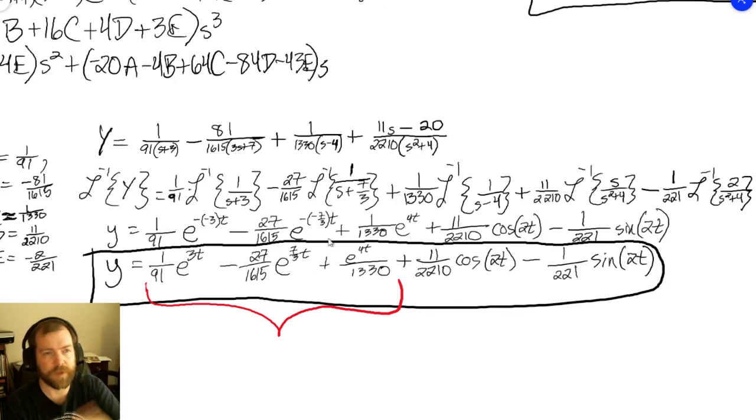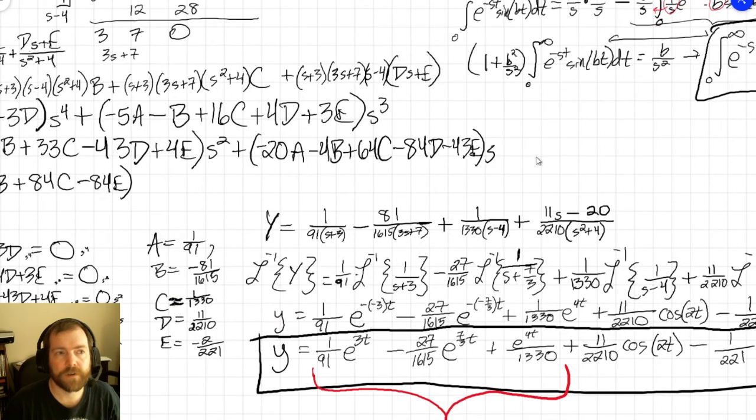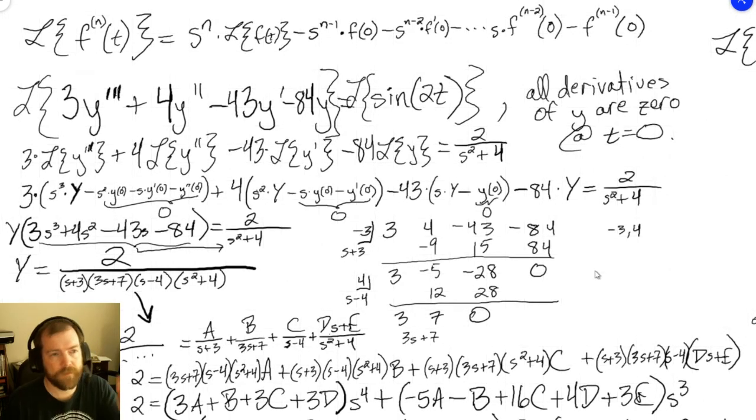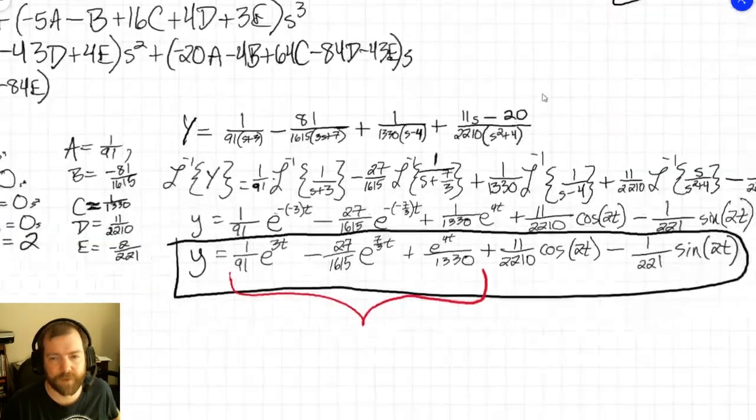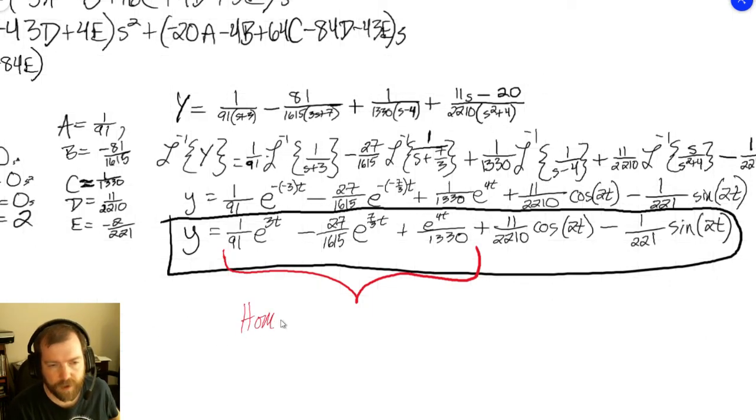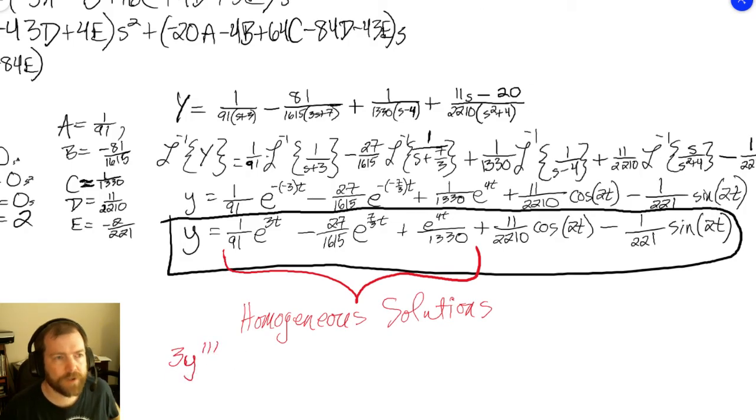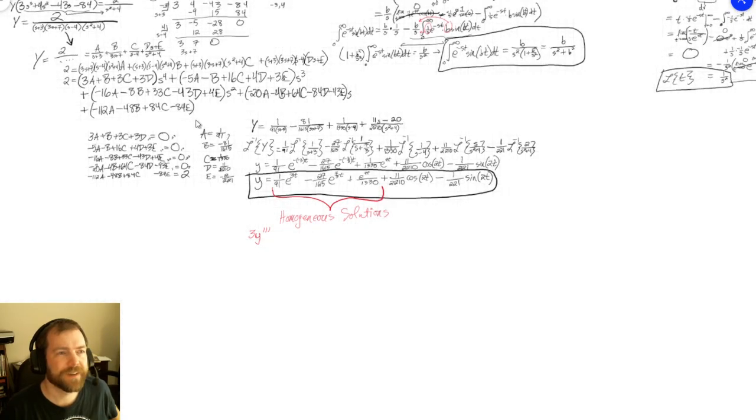If you plug any single one of them into the original equation, so that was way up here, 3y triple prime plus 4y double prime minus 43y prime minus 84y equals 0.